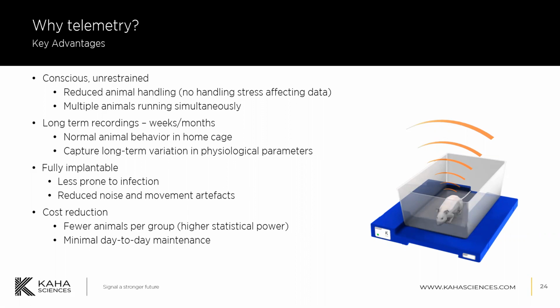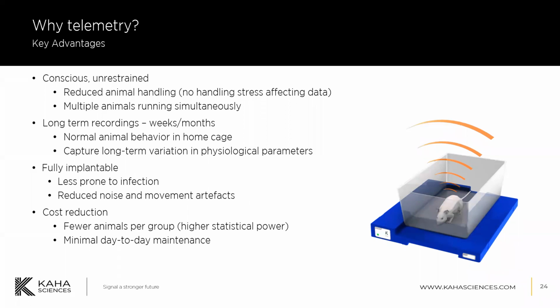You can also record from multiple animals running simultaneously in your laboratory. And I think most importantly, it enables you to make long-term recordings that last over weeks or even months, from animals living in their home cage undergoing normal behavior.